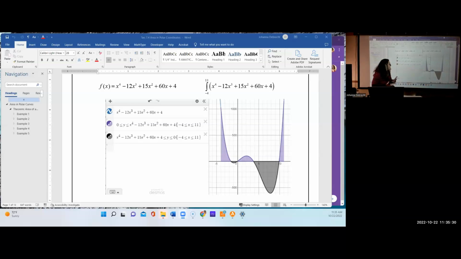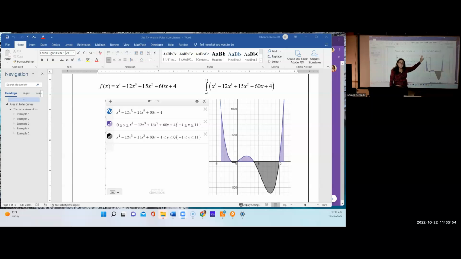So let's remind ourselves of what we learned in Calculus 1. In Calculus 1, we would take a curve, often, though not always, a polynomial. Could have been a natural log, could have been an exponential. Mostly in Calculus 1, polynomials, occasionally exponentials, or radical functions. And we would take the definite integral of it.